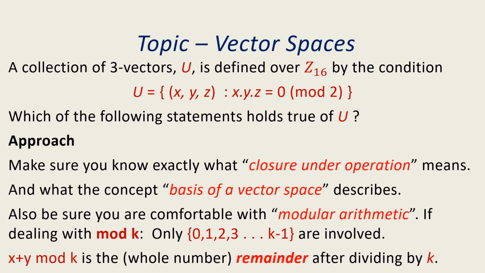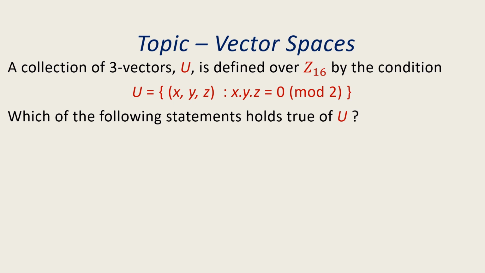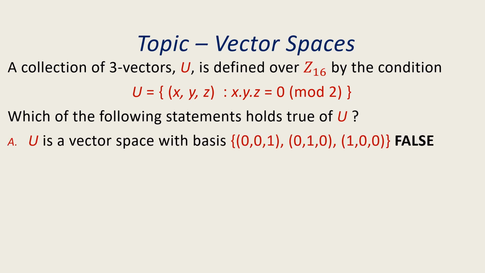So x plus y in this system modulo k, that is the remainder after dividing the number by k. So turning back to the question, that collection is not a vector space with that given basis.